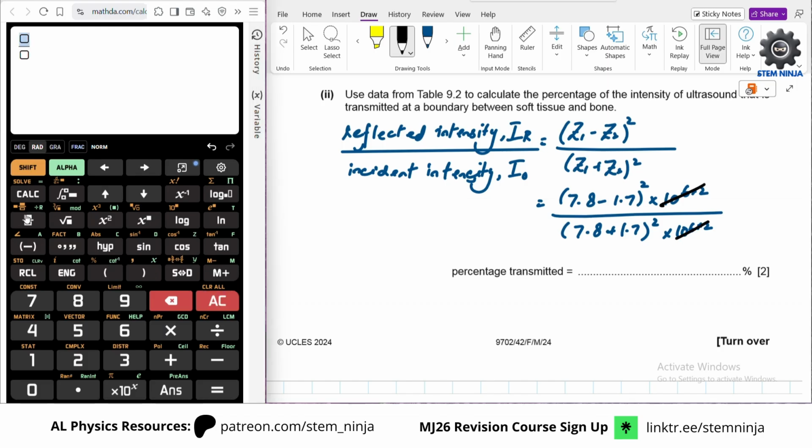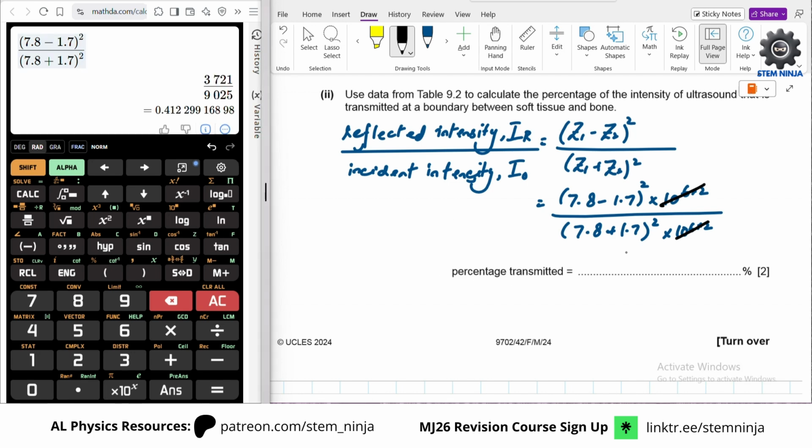So you are left with 7.8 minus 1.7 whole squared and 7.8 plus 1.7 whole squared. So this is this value. You subtract it from 1.